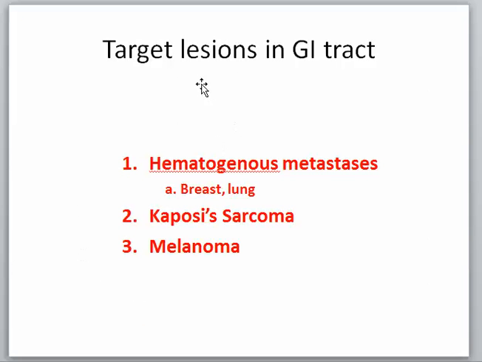If we find a target lesion, it means that there is something inside something, a ring showing a fleck inside. It could be due to deposits or Kaposi sarcoma or melanoma. So the three are malignant. So target sign in the gastrointestinal tract is due to malignancy, and this is the appearance.